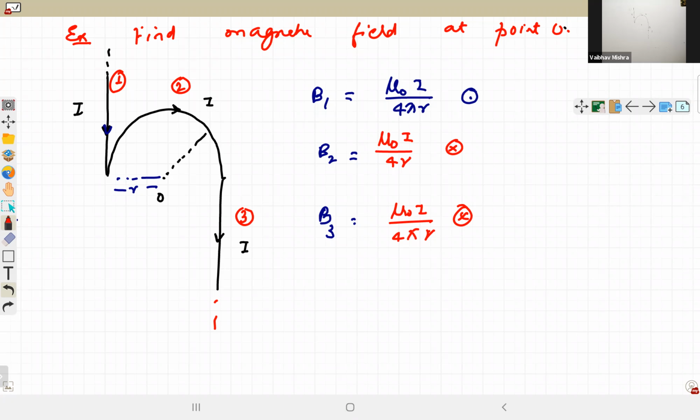Net magnetic field will be only of B2 because B1 and B3 are equal and opposite. They cancel out each other. B3 is into the plane, B1 is out of the plane. These two will cancel out each other. Therefore, I'm continuing on the tab. If required, I'll come on board again to explain.